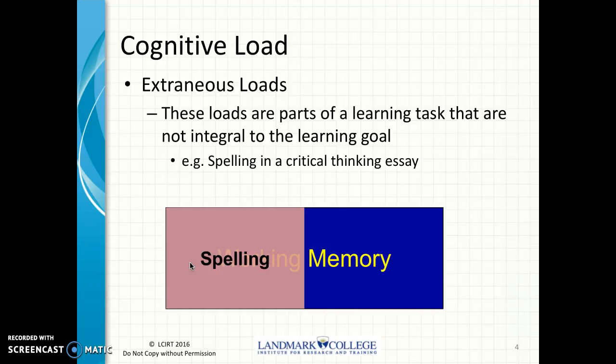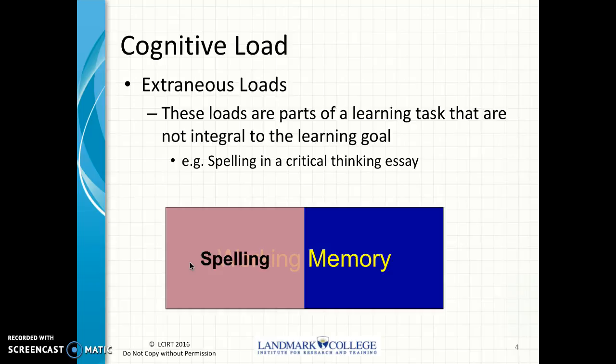So for example, think about asking your students to work on a critical thinking essay. Students are going to have to struggle with spelling, they're going to have to struggle with grammar, they're going to have to struggle with a whole host of attention and focus challenges. And those are all mental processing tasks that they have to deal with at the same time that they're writing this critical thinking essay.